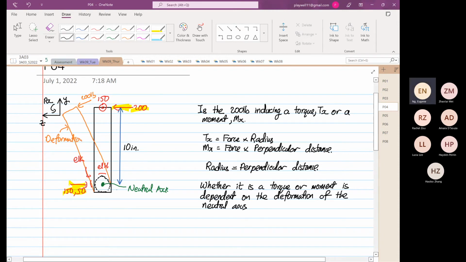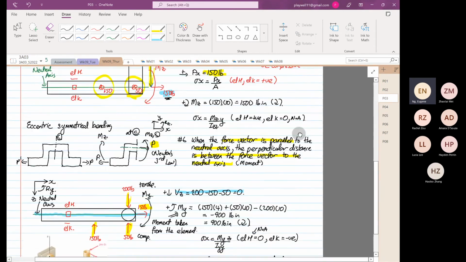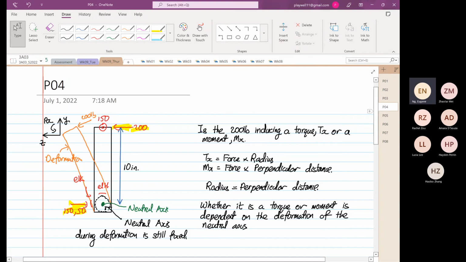And the neutral axis during deformation is still fixed, right? It did not move at all. So this is important again. This is number 8, okay, number 8 point.